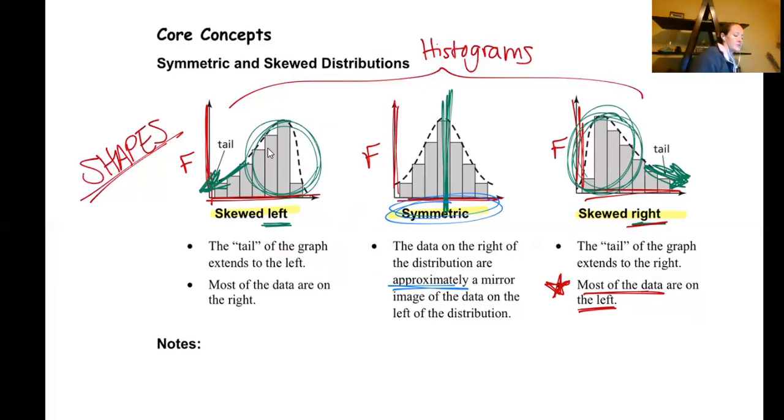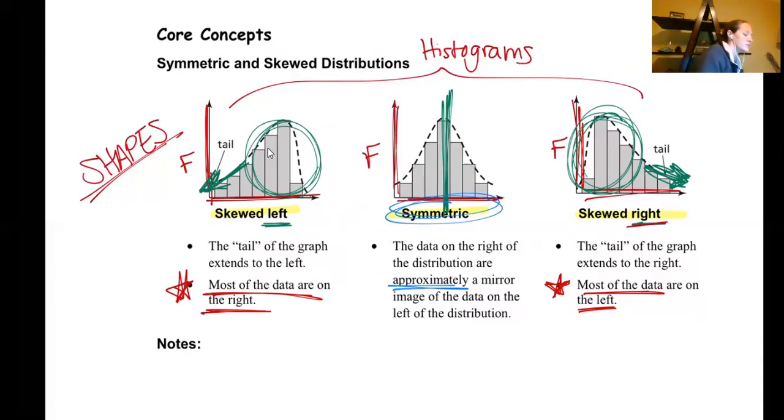And then similarly with skewed left, most of the data will be on the right, which might seem a little weird in your head unless you're thinking about, oh, that's right. The heaviness or the majority of the data is this way as you're kicking the other way.